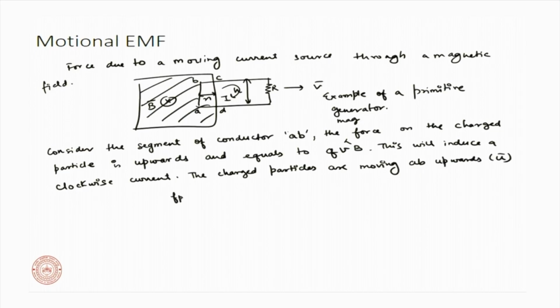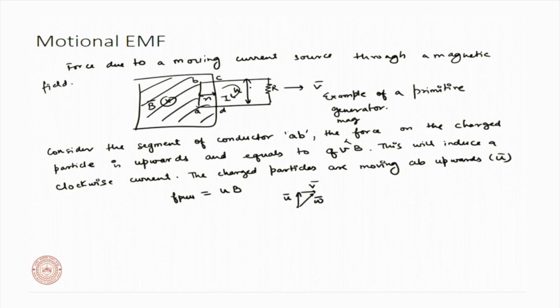Your F_pull will be equal to u into B, that is your force to pull through the magnetic field, in the upward direction. And what we will get is that the particles are moving in the u direction, your system is moving in the v direction, and the resultant is in the w direction. Again this segment has a length of x and height of h.